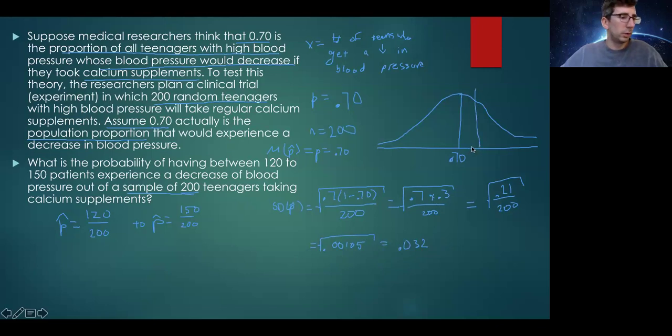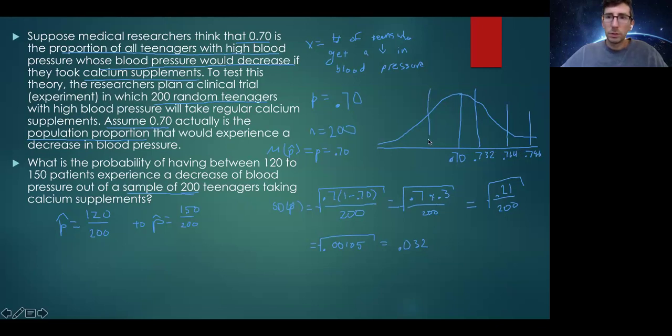So now as we go up and down our standard deviations, adding 0.032, we get 0.732, then 0.764, and finally 0.796. Let's double check myself there.